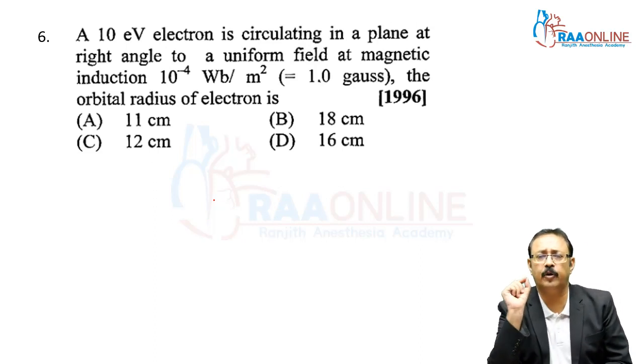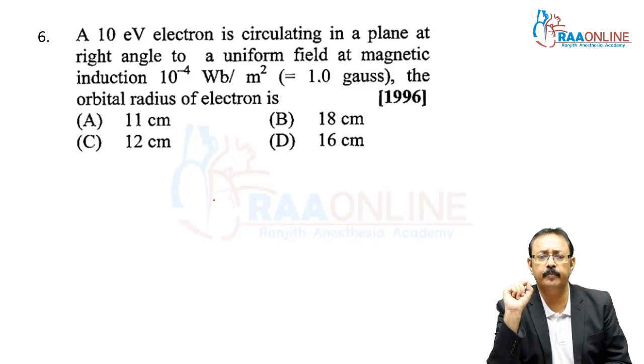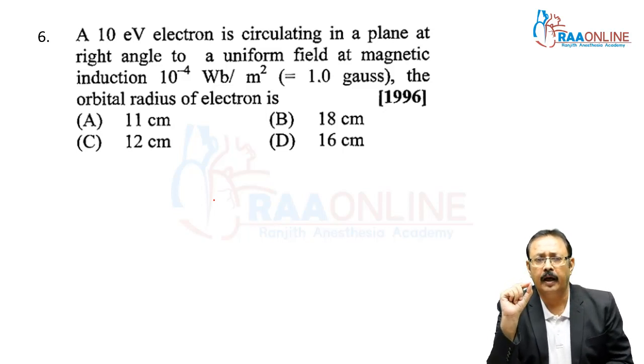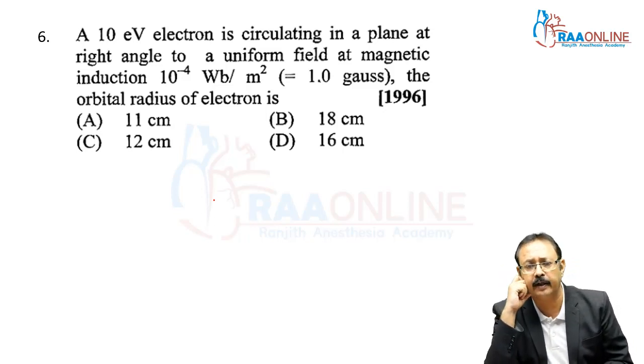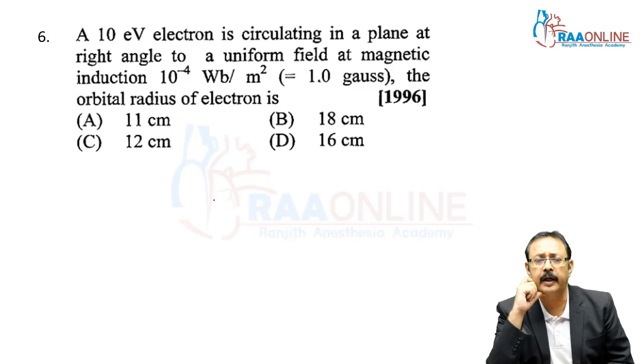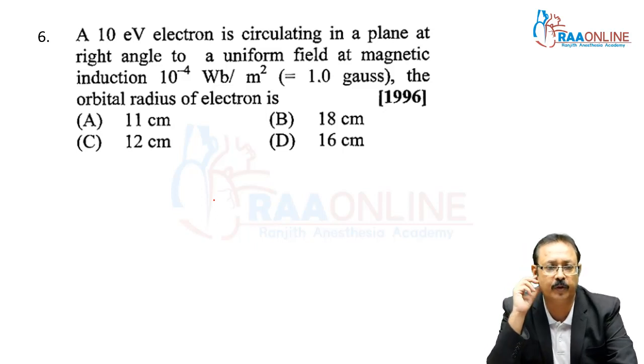6. It is from 1996 AIPMT. A 10 electron volt electron is circulating in a plane at right angles to a uniform field of 10 to the power minus 4 Weber per meter square, which means 1 Gauss. I told you that 1 Tesla, Weber per meter square, means Tesla is equal to 10 to the power 4 Gauss.